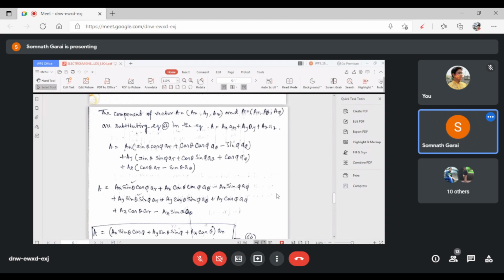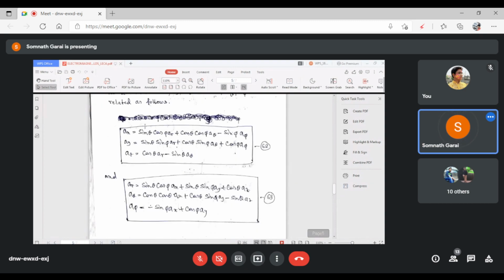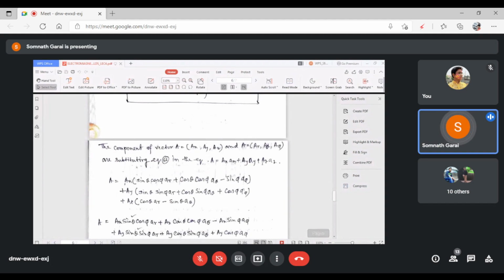Now, we substitute the values of equation number 62, the values of small ax, small ay and small az, in this equation. That means these three equations, small ax, small ay and small az, we substitute here.